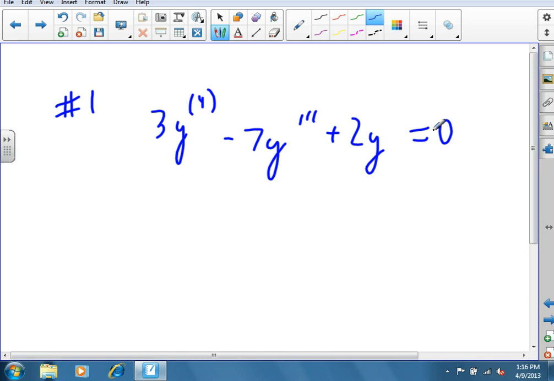State the order of each equation. All right, so first of all, we'll come up with the order, and the order is 4. So the highest derivative is the order of the equation, and the equation is homogeneous.